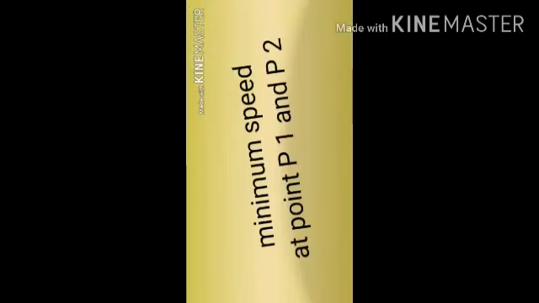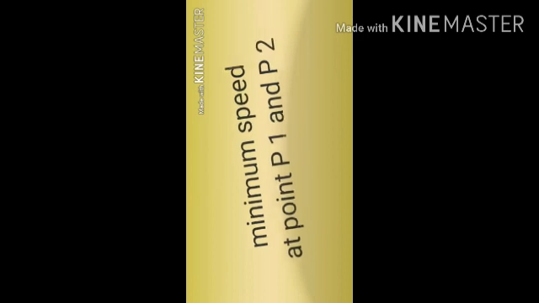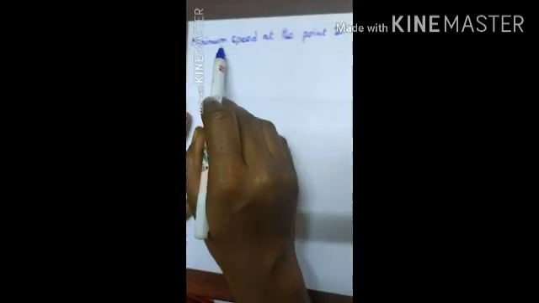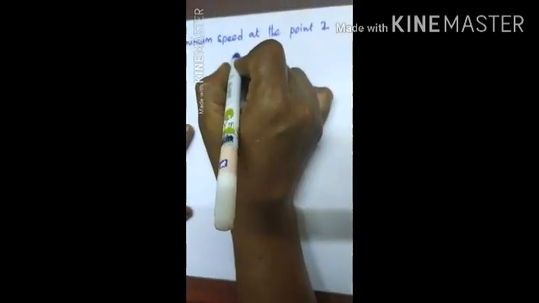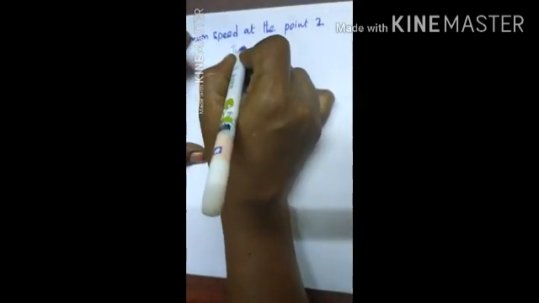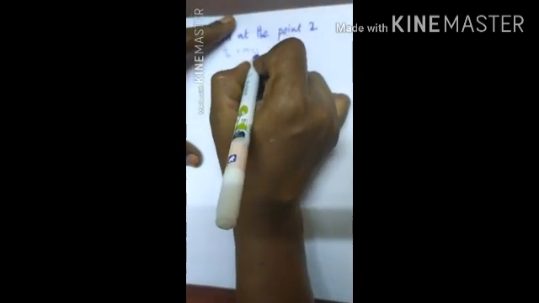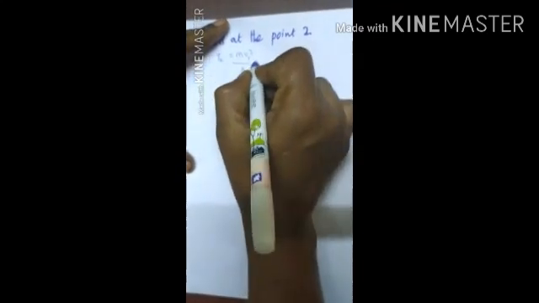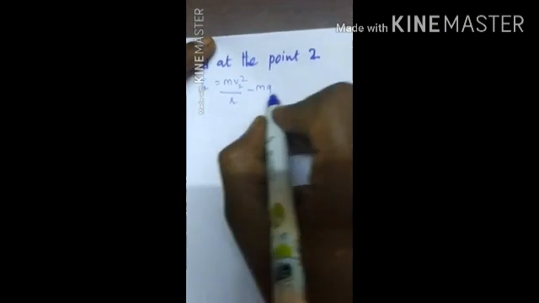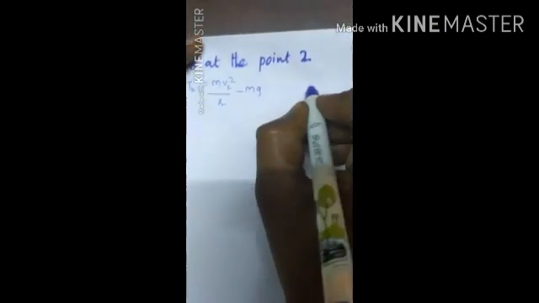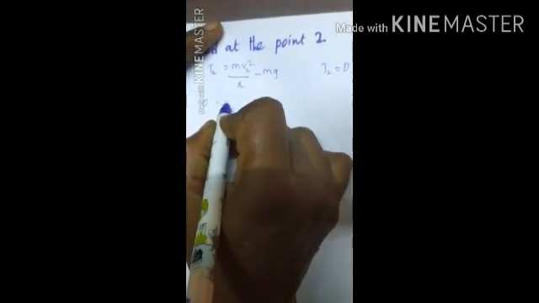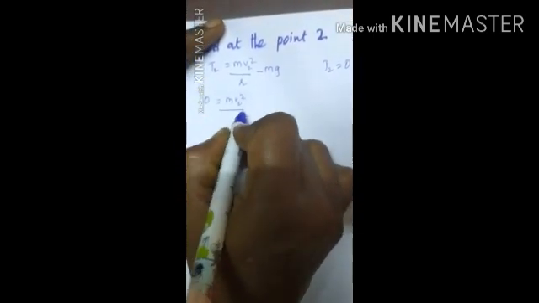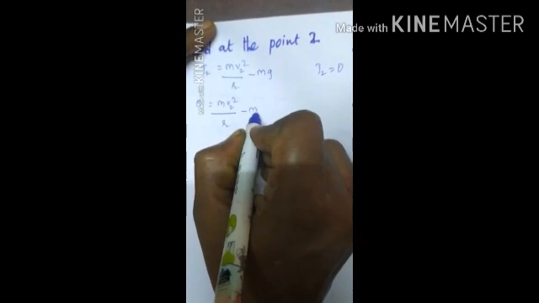Next we calculate minimum speed at point P1 and point P2. First we calculate minimum speed at the point P2. For that we take the T2 equation. T2 is equal to m v2 squared divided by r minus m into g. From that equation we consider T2 equal to 0. So 0 is equal to m v2 squared divided by r minus m into g.